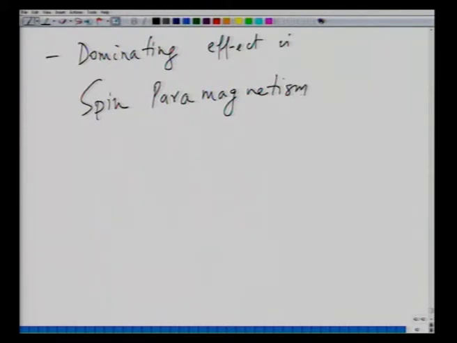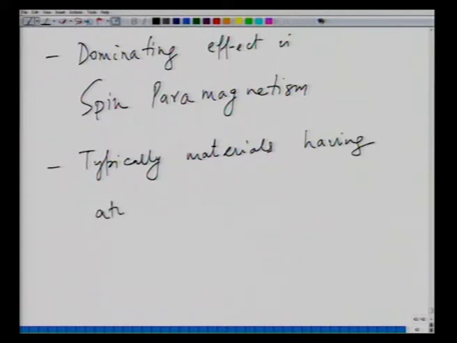And spin paramagnetism is found in materials having atoms with unfilled d shells. Such atoms also tend to follow what is called Hund's rule.